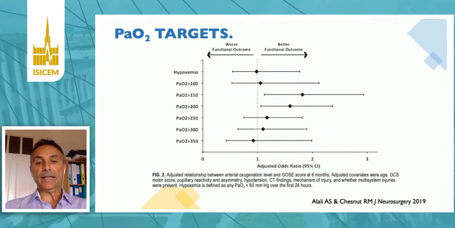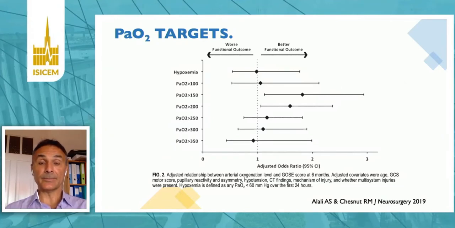This is another study, an analysis of a randomized controlled study on pharmacological intervention in TBI patients. They looked at this prospective data and looked back at the thresholds, the targets of PaO2, adjusting for several outcome predictors to see whether there was a threshold associated with worse functional outcome or, on the contrary, better functional outcome.